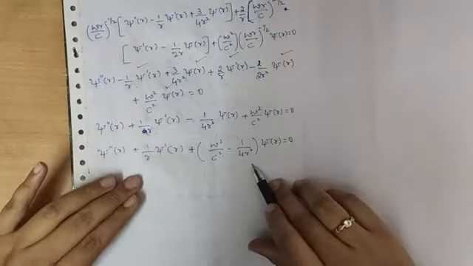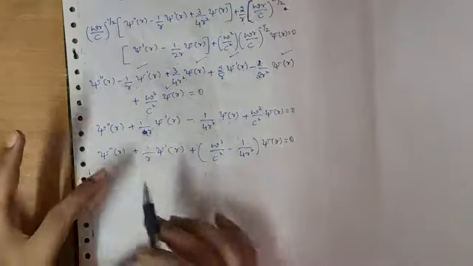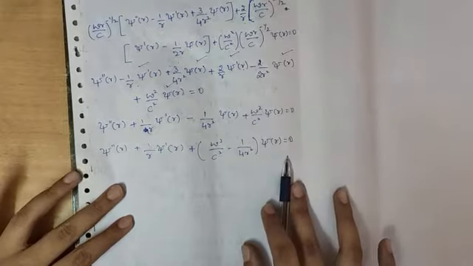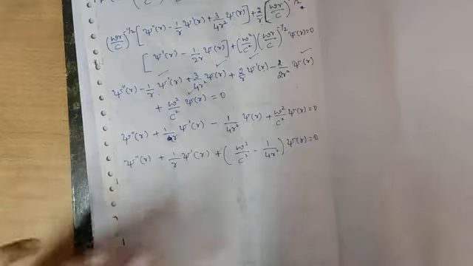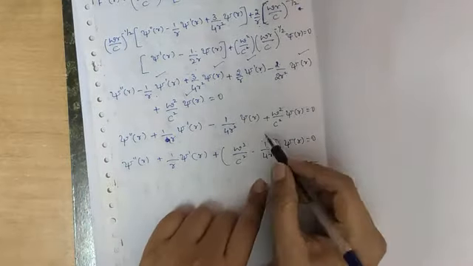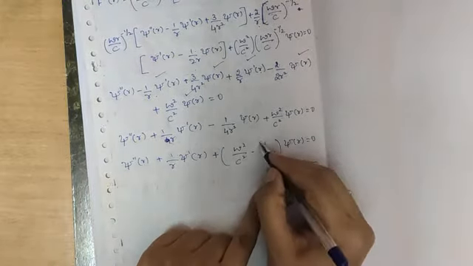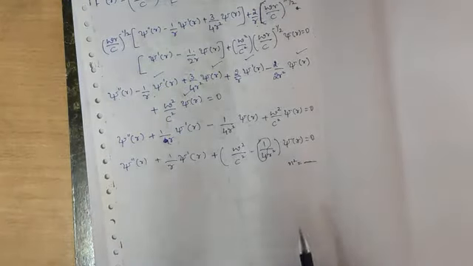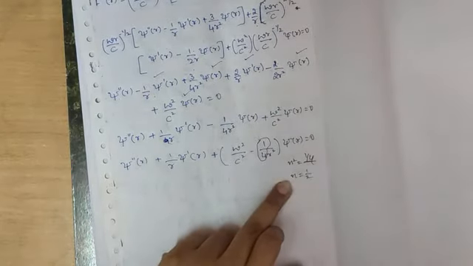Again, if you compare this with your Bessel equation, you can say that this is of the form of Bessel differential equation. But this is not of order 0. In the place of n square, you have some value here. Since it is a constant number, 1 over 4, that means n is 1 by 2.